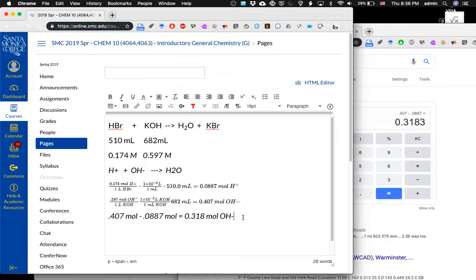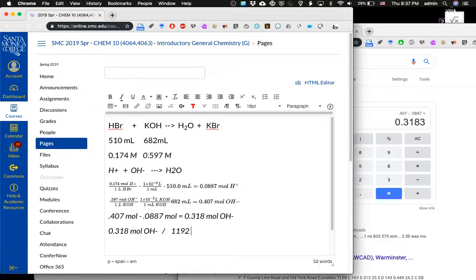But the question was, what is the pH of this thing? Now, pH deals with concentration, not with moles. So I'm going to have to get the concentration of this. So 0.318 moles of OH minus divided by the total volume, 510 plus 682. Now that I can do in my head. So can you.